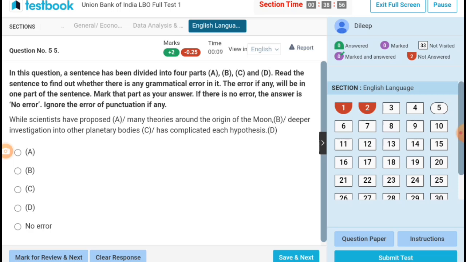While scientists have proposed many theories, deeper investigation into other planetary bodies has complicated it.